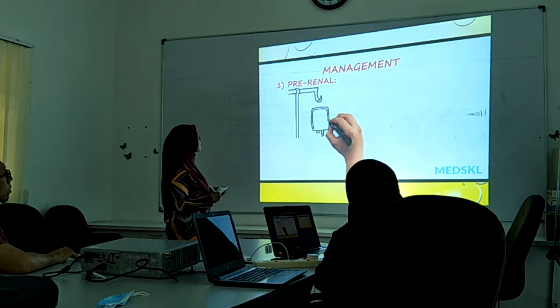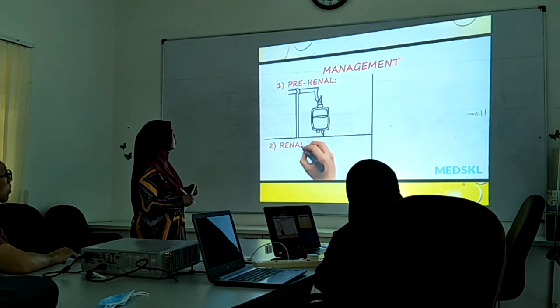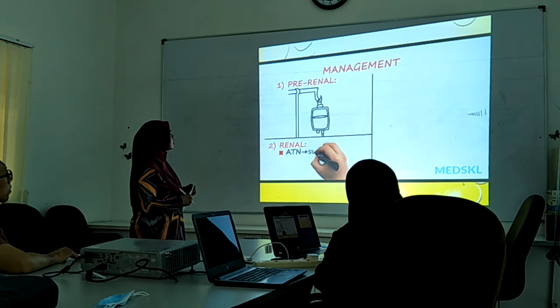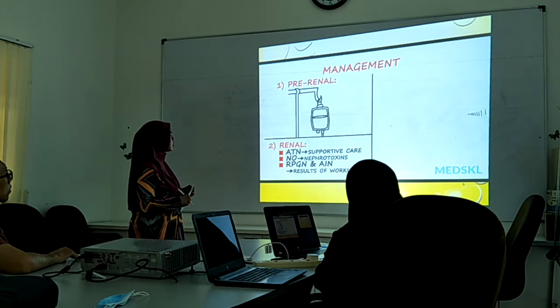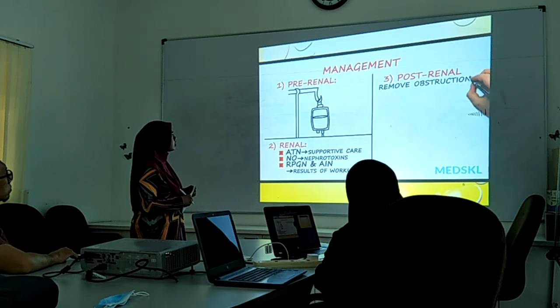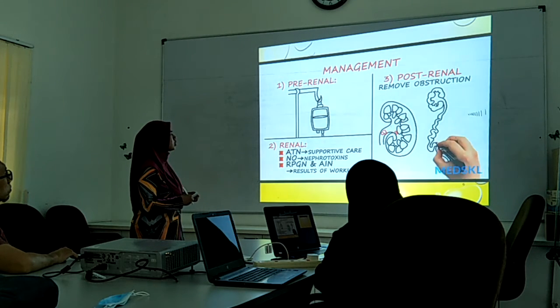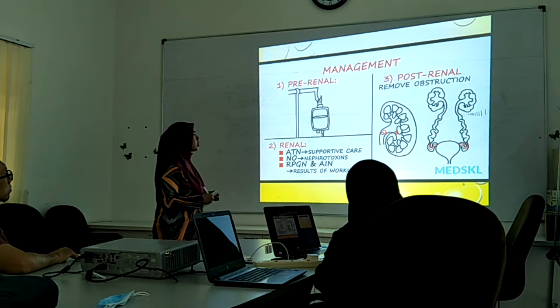Okay, for management: pre-renal, two, renal. Treatment for ATN is supportive care. For intrarenal, avoid nephrotoxins. Treatment of RPGN and AIN depends on the results of the workup. Three, post-renal: removing the obstruction will improve it, like removing kidney stones, depending on the duration and severity of the obstruction.